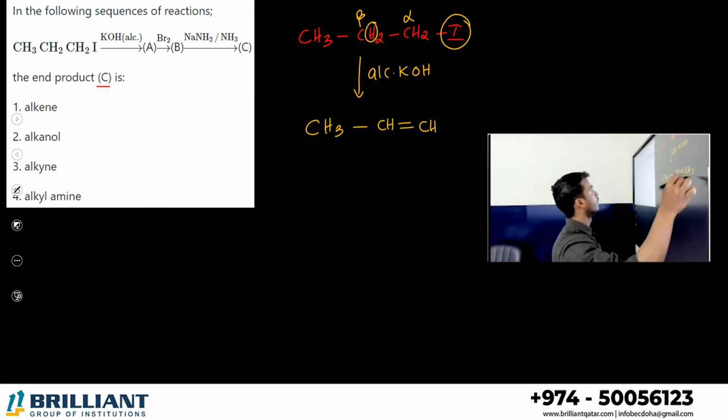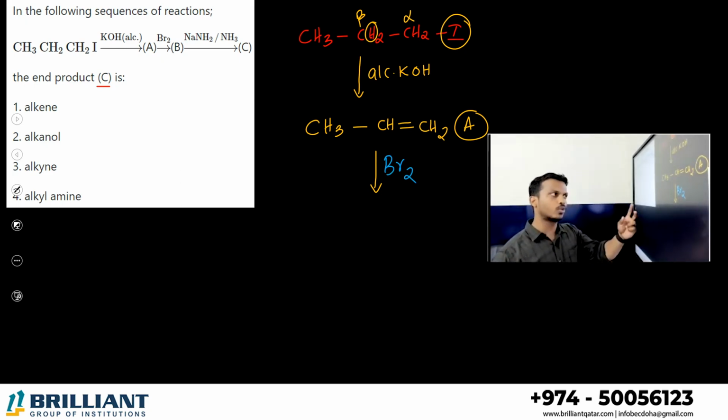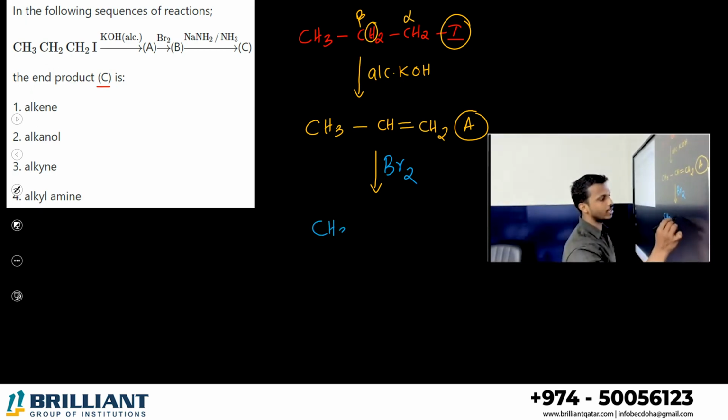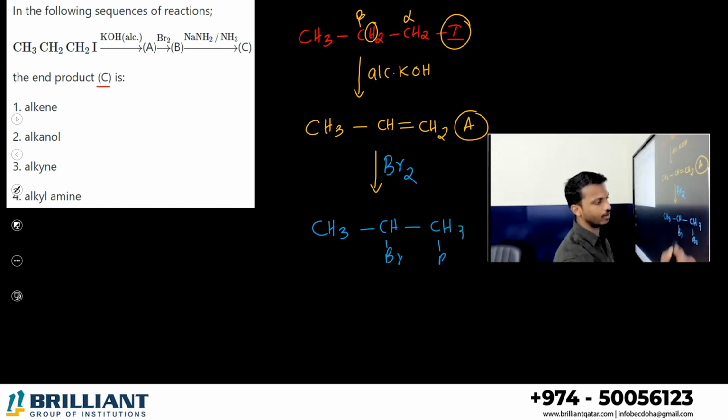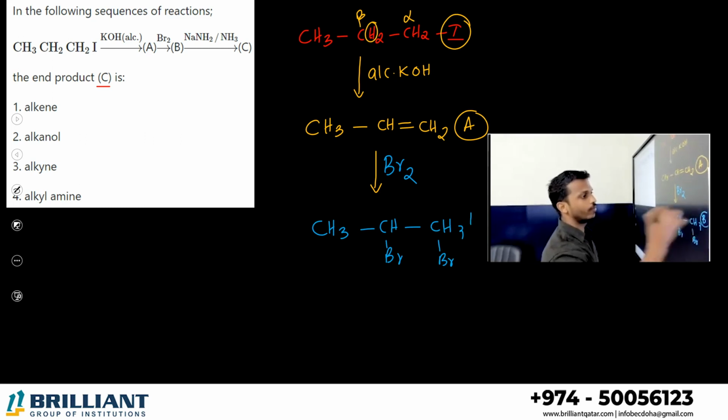That's it. This is your compound A. This compound A we are treating with Br2. What is this reaction? Addition reaction. Directly you can add both bromines to each carbon atom of the double bond. So CH3CHBr-CH2Br. It will form a vicinal dihalide. This is your compound B. What are we treating next?